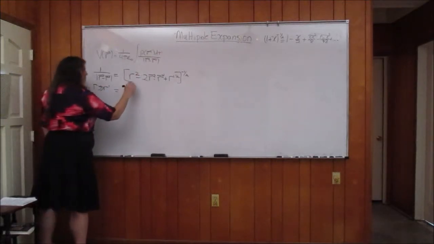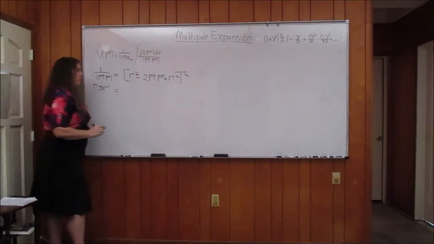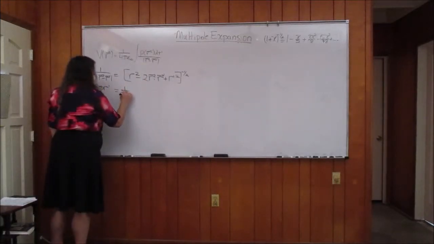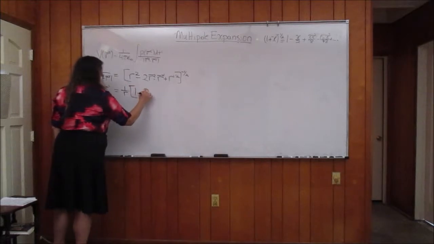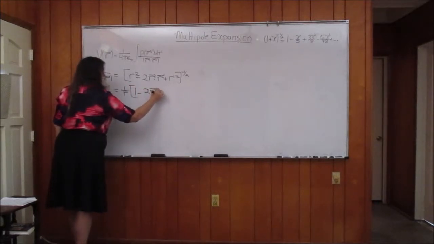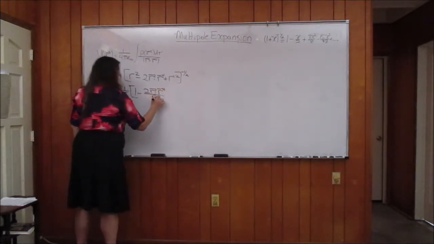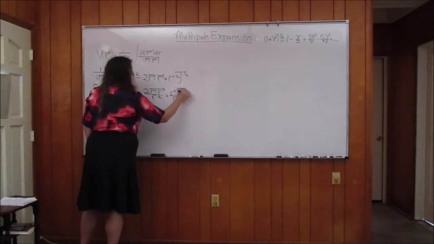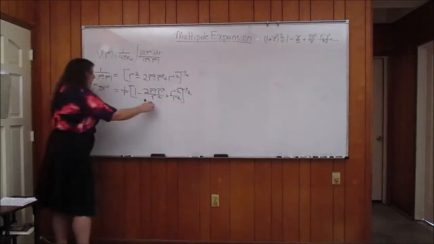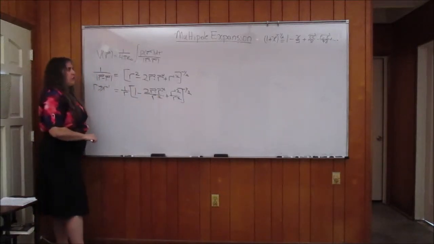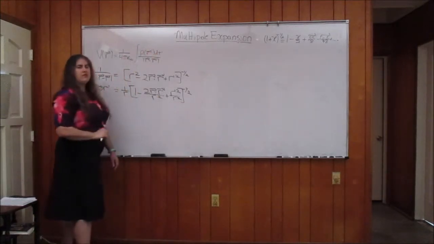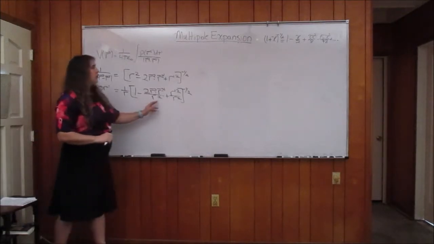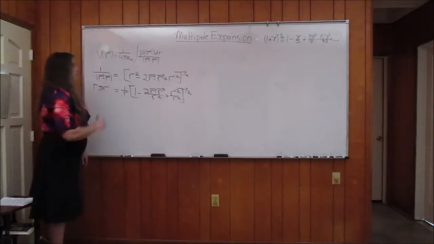I'm going to pull out, or divide each term through by, a factor of r squared. Pull that out, r squared to the minus 1/2. It's just going to be 1 over r. Now, because these two terms are less than 1, I can use that expansion that I wrote on the upper right side of the board. And these two terms play the part of x.